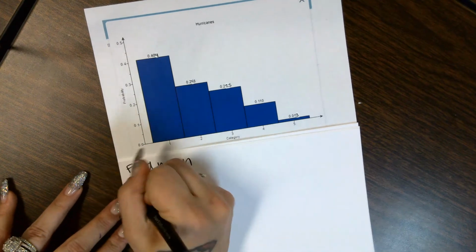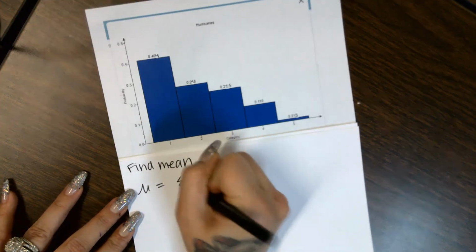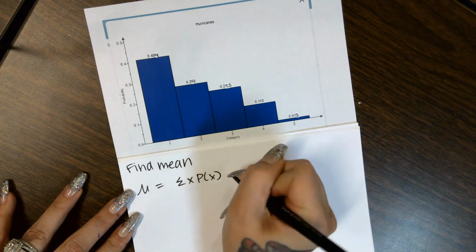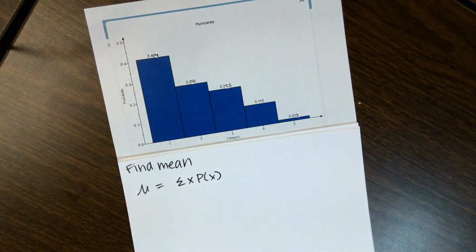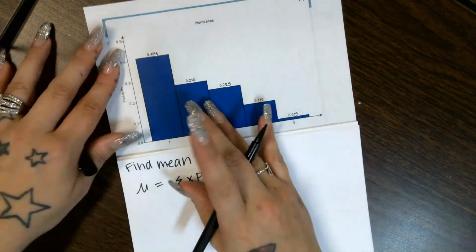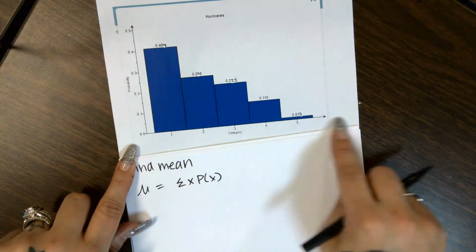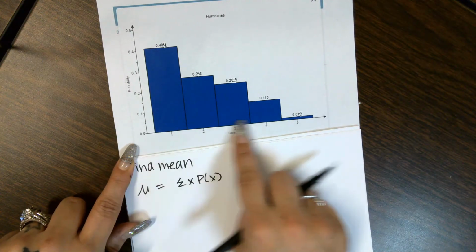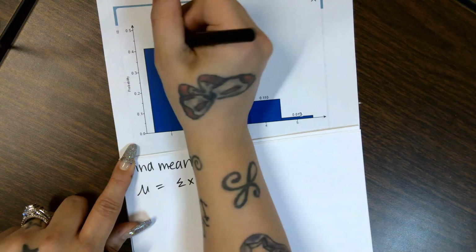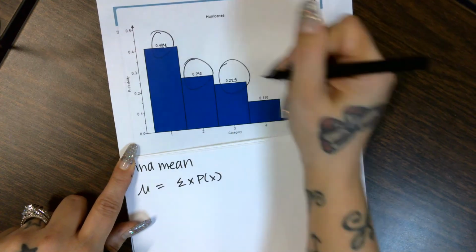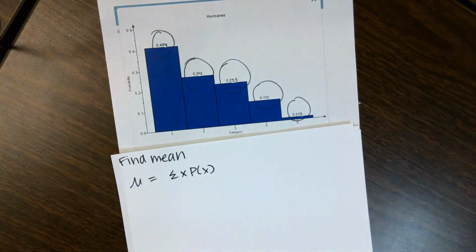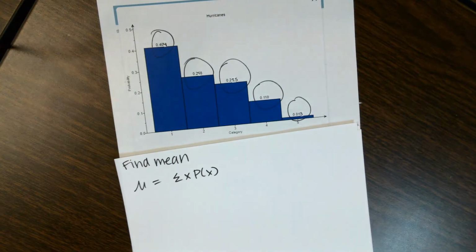Our mean is the sum of the x values times all of their probabilities, correct? Does it make sense that this is the x-axis? These are my x values. And these are the probabilities? They've already created the bar graph, is all it is.